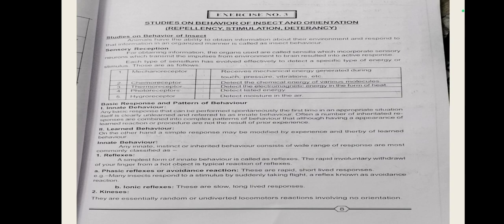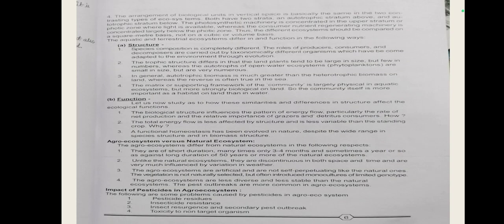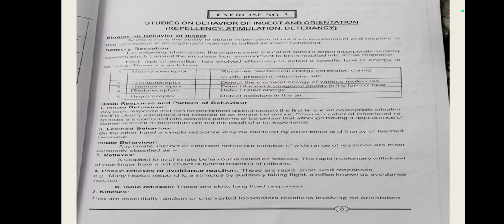Often a number of inherited responses are combined into complex patterns of behavior that, although having the appearance of a learned reaction or procedure, are not the result of prior experience.